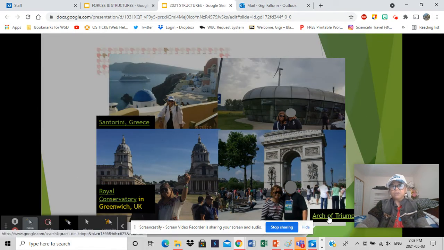Now, of course, the Arc of Triumph in Paris, right? Notice we're looking at the dome shape or the hemisphere shape, the shell shape part of a structure or a building. Here, this could be considered as the shell part of this structure.